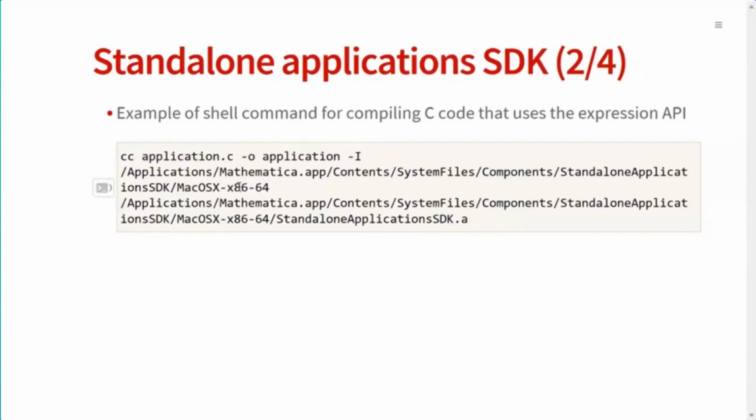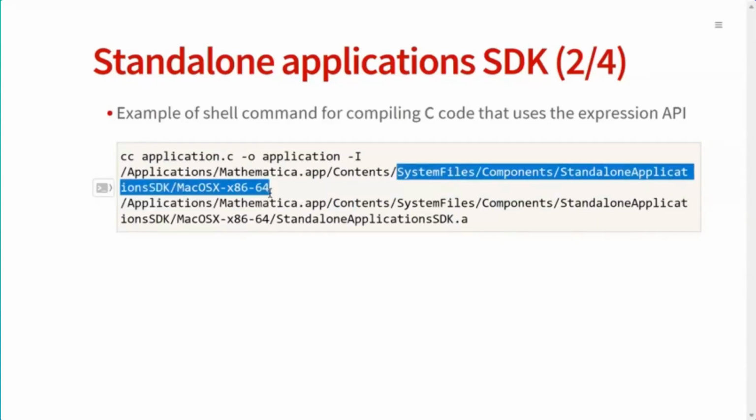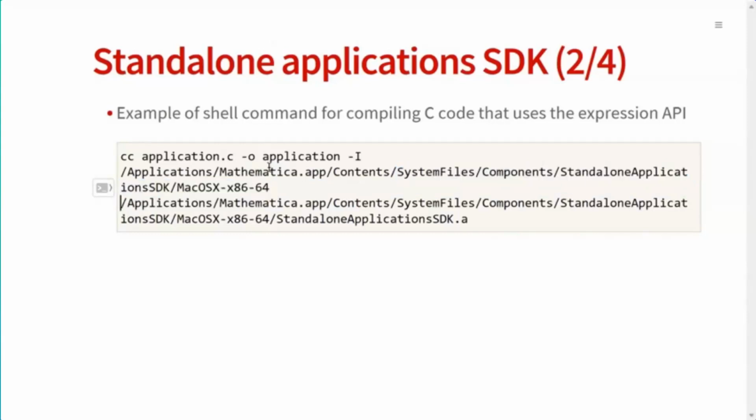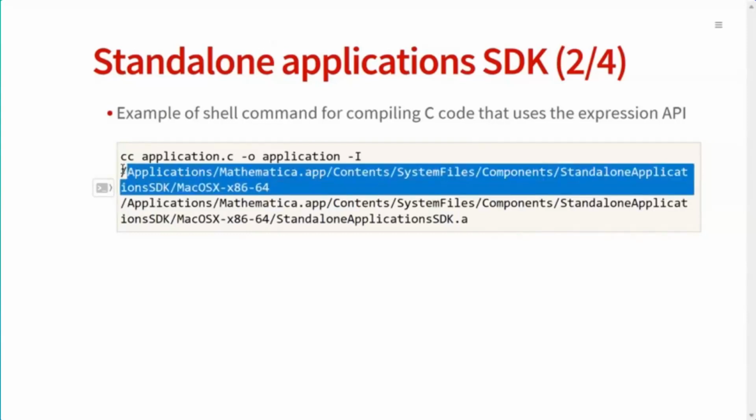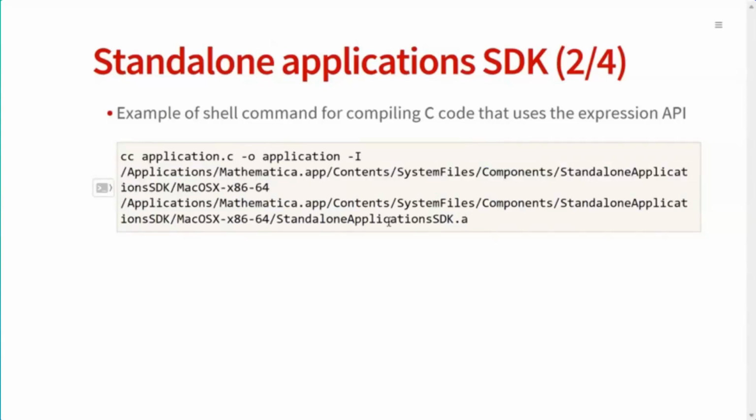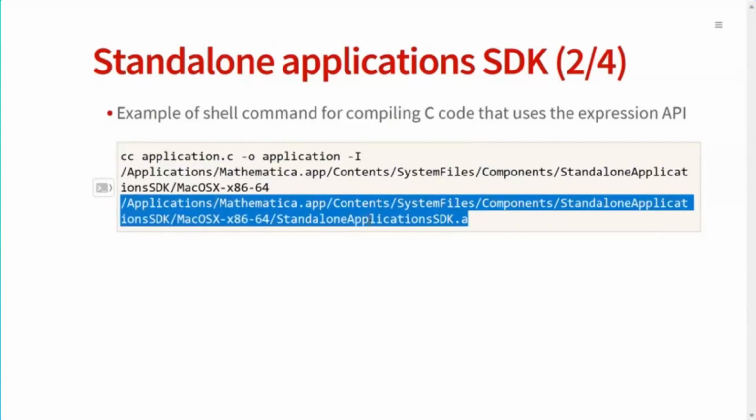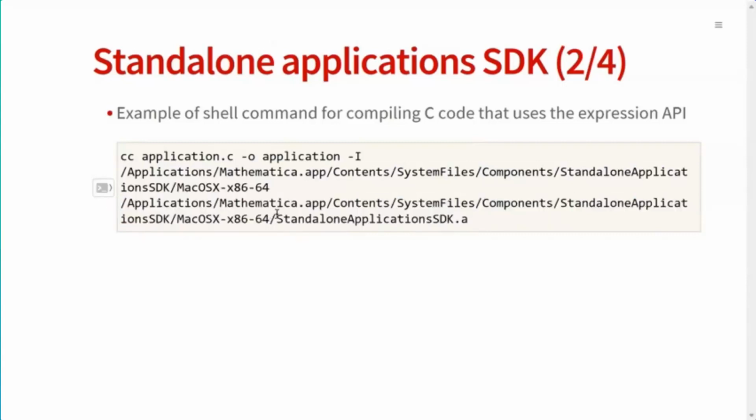All you have to do is point to the Standalone Applications SDK directory, and that's this path in the layout. There are some include files that you need. Additionally, you have to link to the static library, and that's also in the Standalone Applications SDK directory.